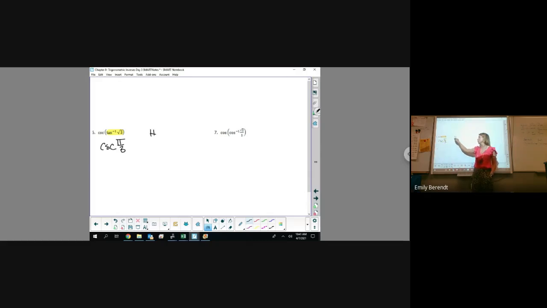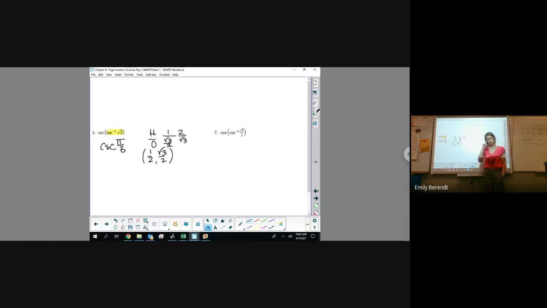It's h over o. So we need to think about the ordered pair for pi over 3, which is 1/2, root 3 over 2. We have to do our ratio. What is our hypotenuse? 1 over root 3 over 2. Multiply by the reciprocal. We get 2 over root 3.